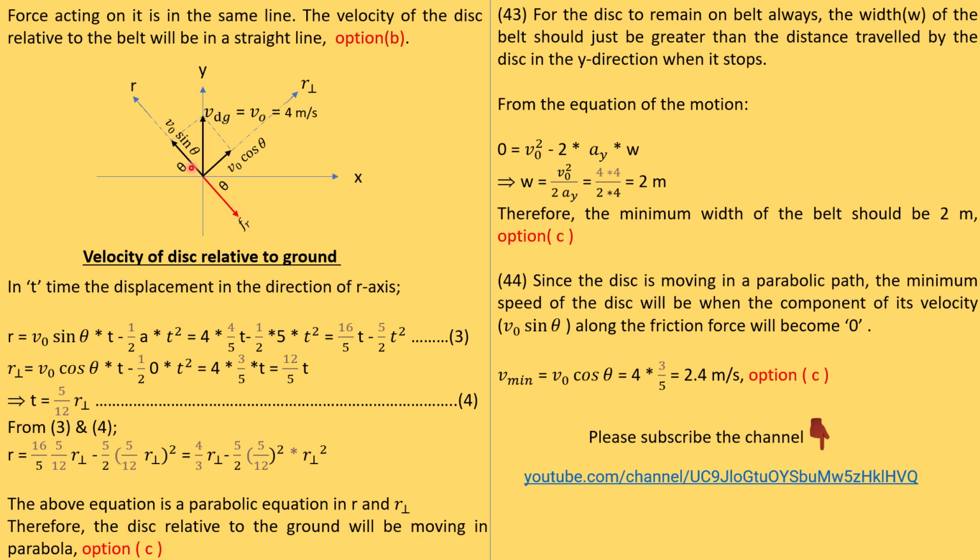This acceleration is in this direction, so minus sine k. So we will be getting this much: 16 by 5t minus 5 by 2 t square.